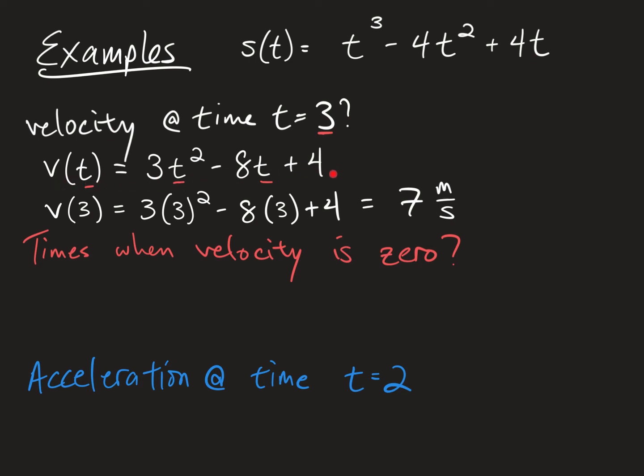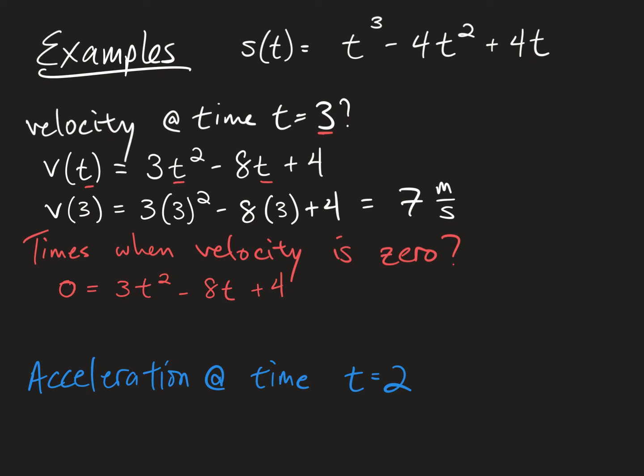We are trying to find times, which means we will not be substituting a number in for t, but we do know the velocity is 0. The velocity is v, so we can set up an equation: 0 equals 3t squared minus 8t plus 4, and we can solve this for t.